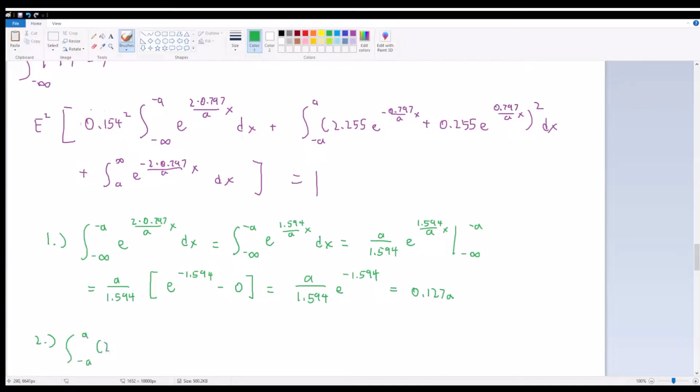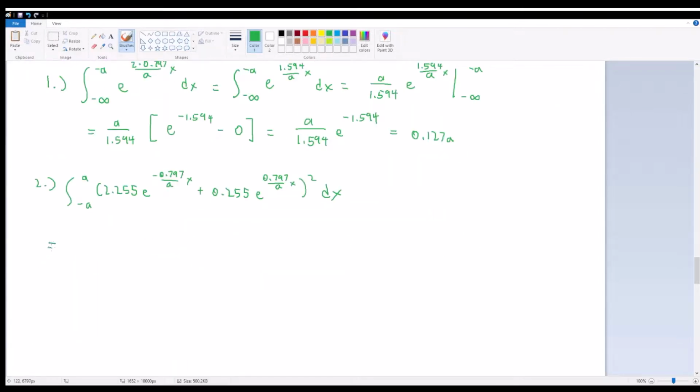Next, we're going to do number 2, which is the integral from negative a to positive a of 2.255 e to the negative 0.797 divided by a times x plus 0.255 e to the 0.797 over a times x squared dx. So this one is going to equal, let's see, 2.255 squared e to the negative 2 times 0.797, so negative 1.594 over a times x, and then plus 2.255 times 0.255.